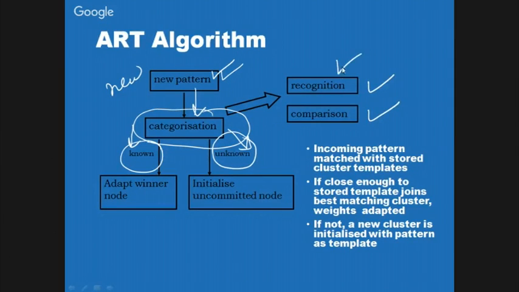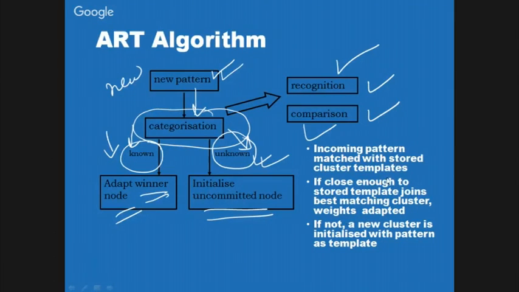For doing this, you have to do these two processes. One is your recognition, another is your comparison. First of all, you recognize, and after that you compare, and then you determine whether it belongs to a known cluster or an unknown cluster. If it is a known cluster, then you adopt the winner cluster. And if it is an unknown cluster, then you initialize a node, that means you form another cluster, which will be the new cluster.